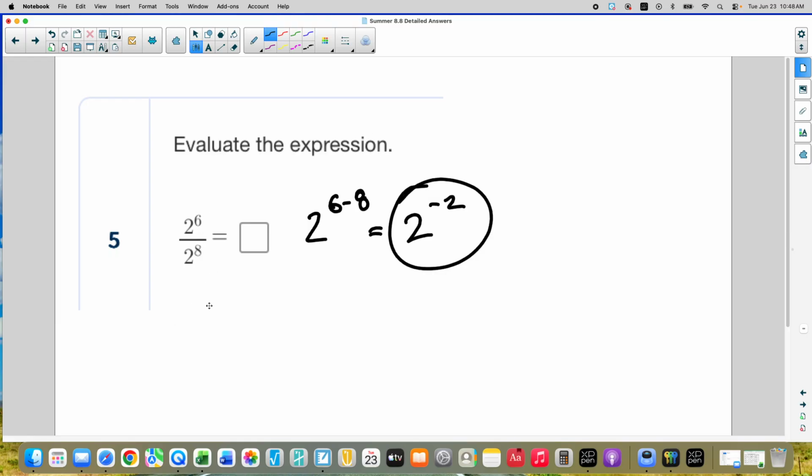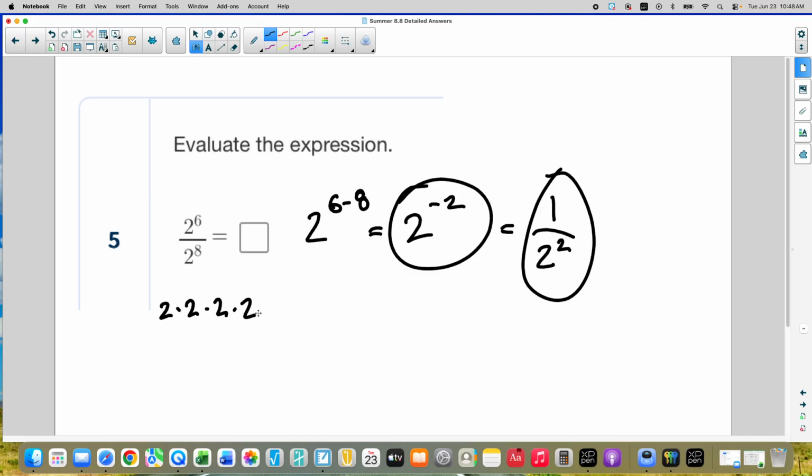But if we look at this, it actually equals 1 over 2 to the second also. Either answer is correct. And we see how you get the negative exponent, but if you do 2 to the 6th, 1, 2, 3, 4, 5, 6, and then you have 8 in the denominator, 1, 2, 3, 4, 5, 6, 7, 8.